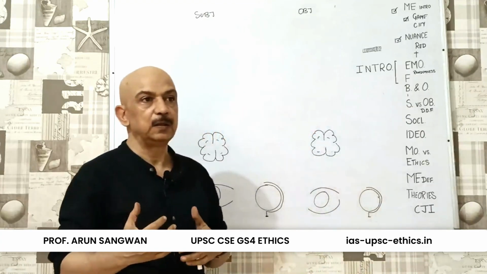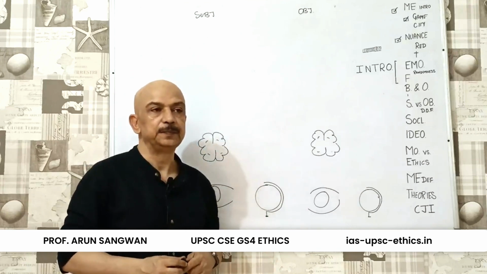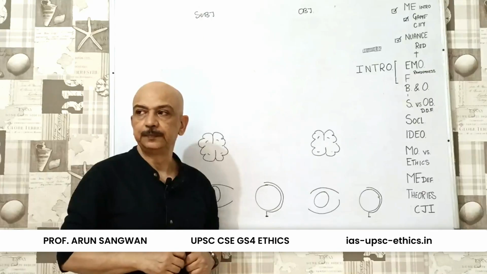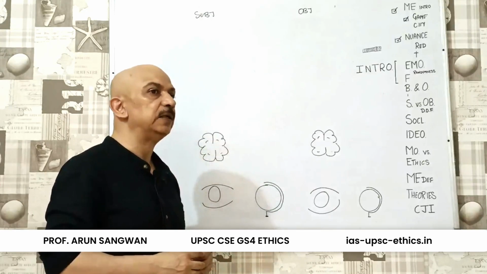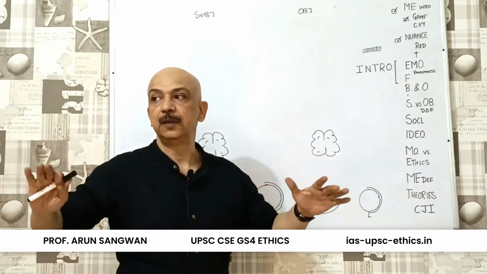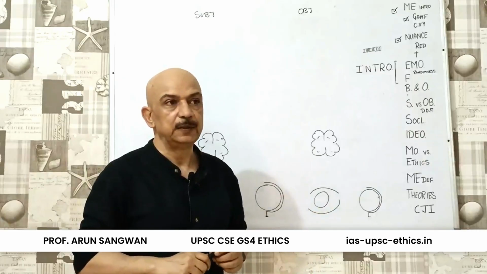At times I do not even see instructors having very great clarity on this ontology. I don't see students in advanced phases of their CSE examination preparing for ethics for a long time having any clarity on this. Let's try and build up clarity.